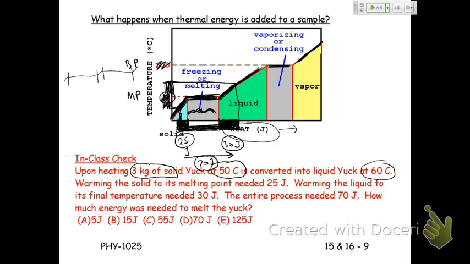I used 70 in all, and 25 was used there, and 30 was used there. So that left 70 minus 55, which is 15. So I used 15 there. If the whole thing was 70, and I used 25 on that bit and 30 on that bit, I used 15 on that bit. Okay? So that's the kind of level we want to get to.